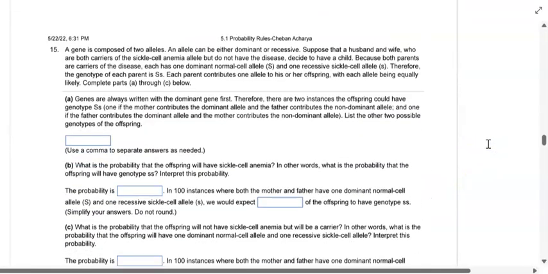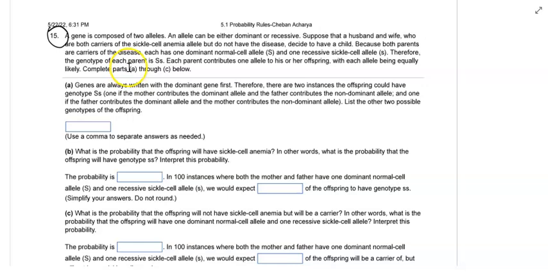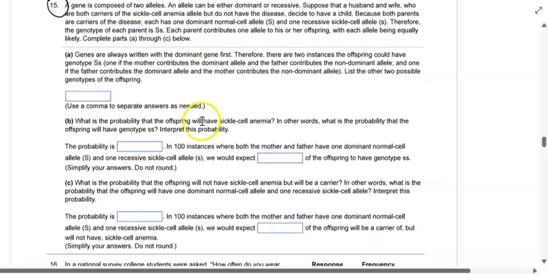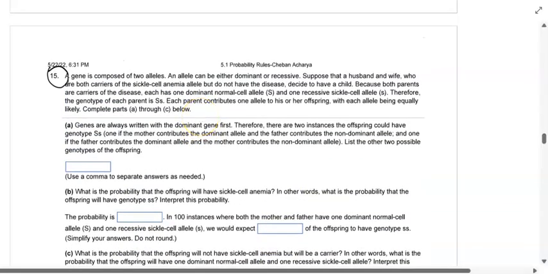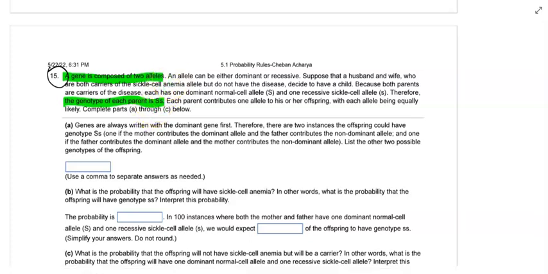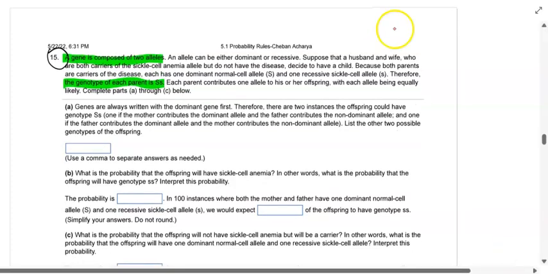Question number 15. This question will be longer, but it is pretty much just wording here. A gene is composed of two alleles, and these two alleles together are called the genotype. Each parent has the same genotype, Ss.